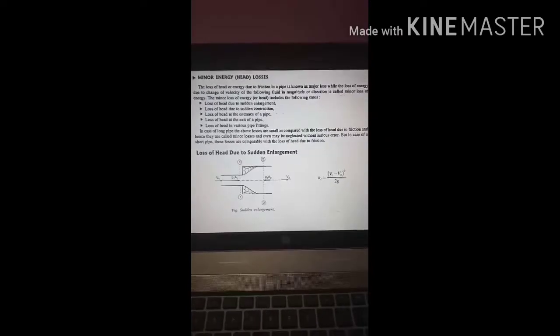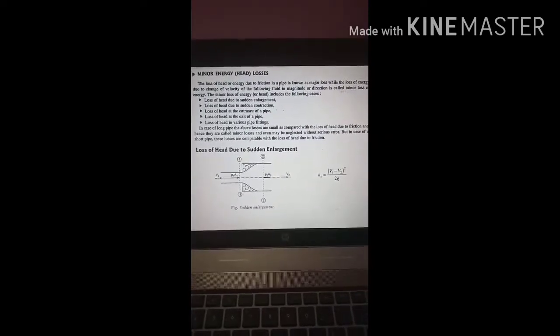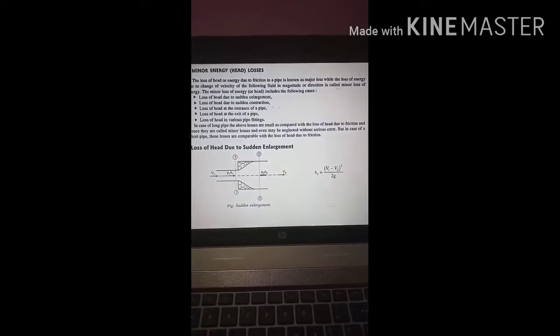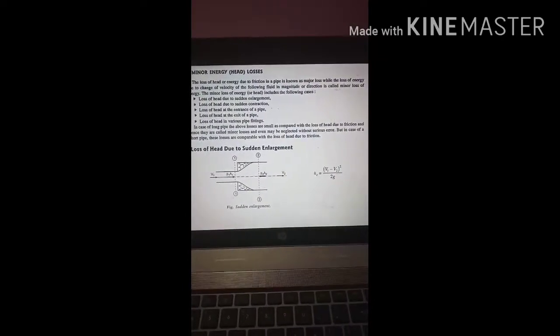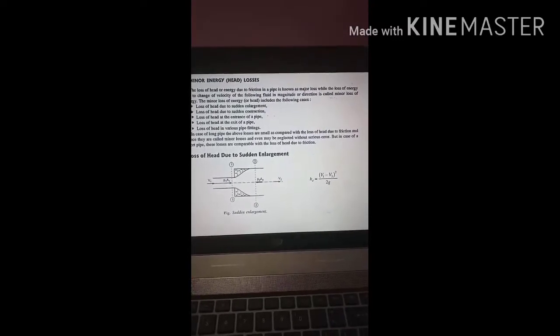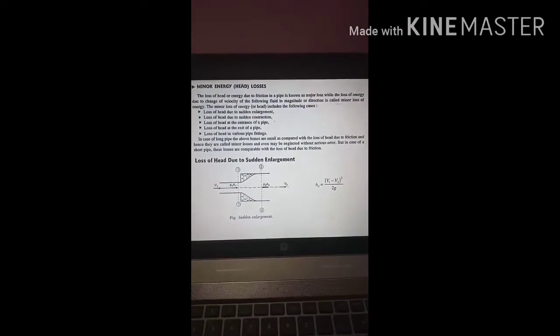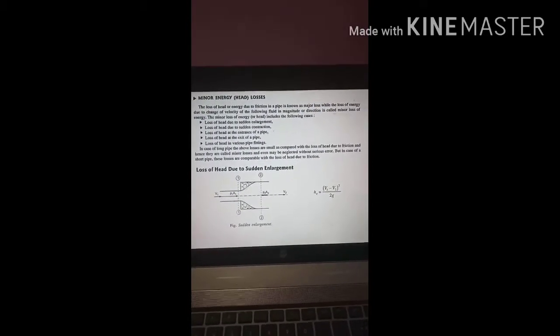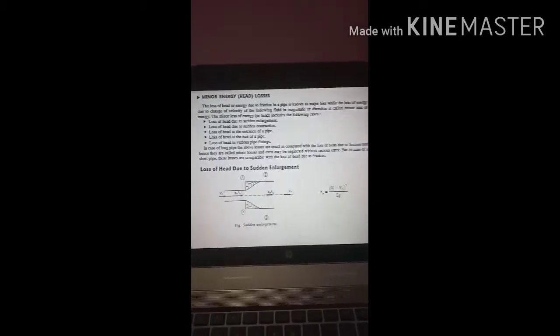It depends. Remember, in the case of long pipes, the loss of head due to friction, or the major loss, is more, because in the major loss formula, hf = 4fLV² / 2gD, the higher the value of L, the higher will be the value of hf.